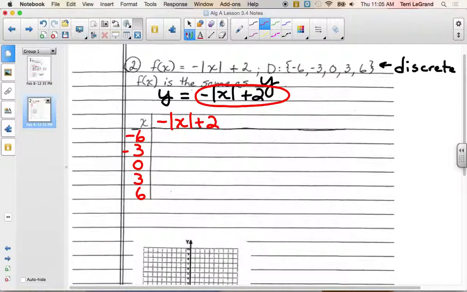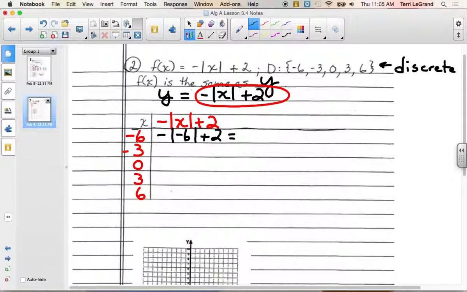Okay, so now we do our substituting steps. So negative, absolute value bars, -6 in place of the x, absolute value bar, add 2. Don't shortcut this here. So what is the absolute value of -6? First thing we're going to do is get rid of the absolute value bars. It is 6, isn't it?